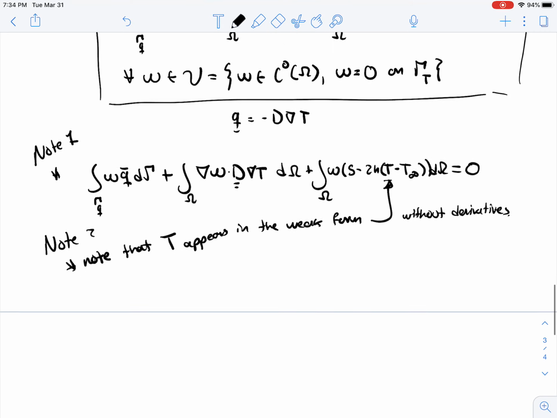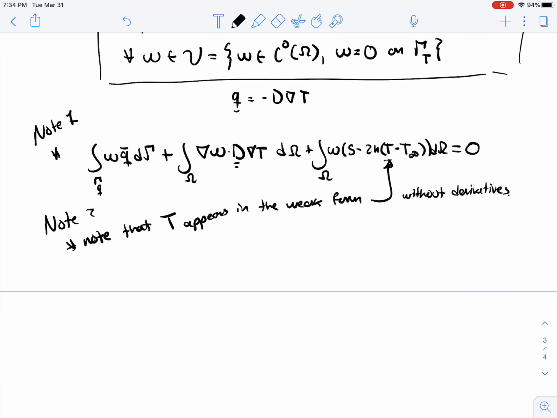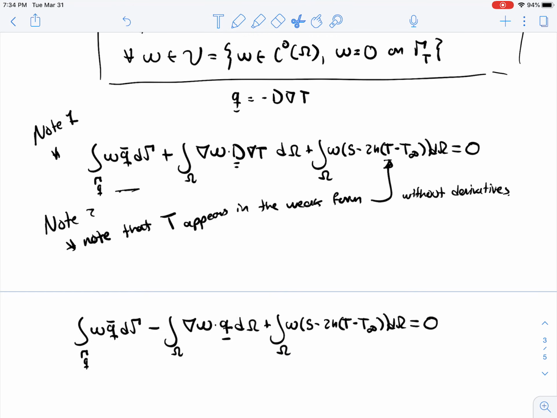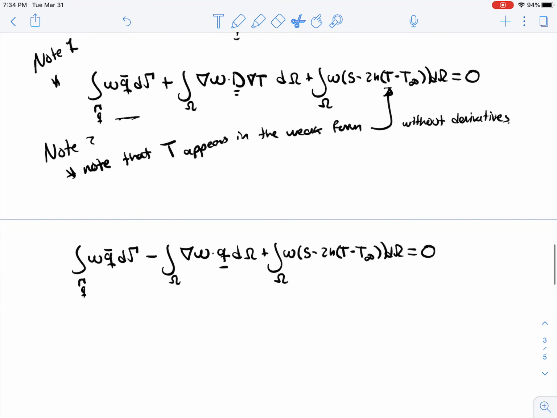And if you're curious what that means if you actually discretize it, this term right here will lead to some force term. So let me paste it again right here.